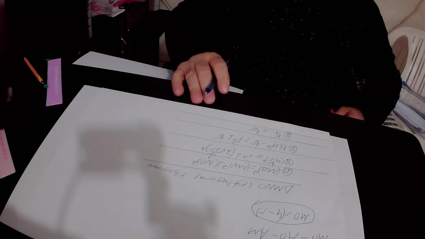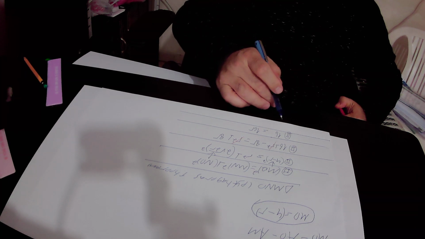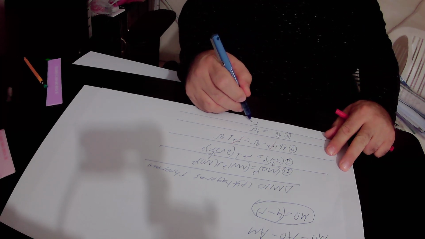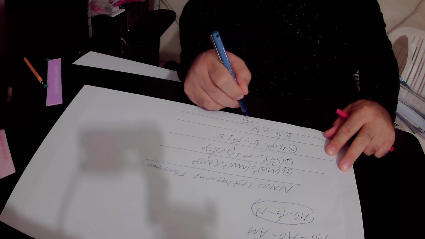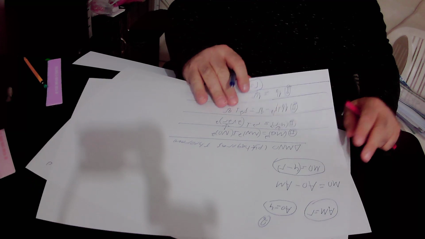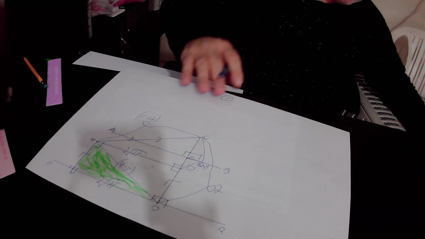So in total we got that 16 equals 16r. We will divide this equation by 16, and we will get that r equals 1 unit. We found out that r, the radius of the small circle, equals 1 unit.